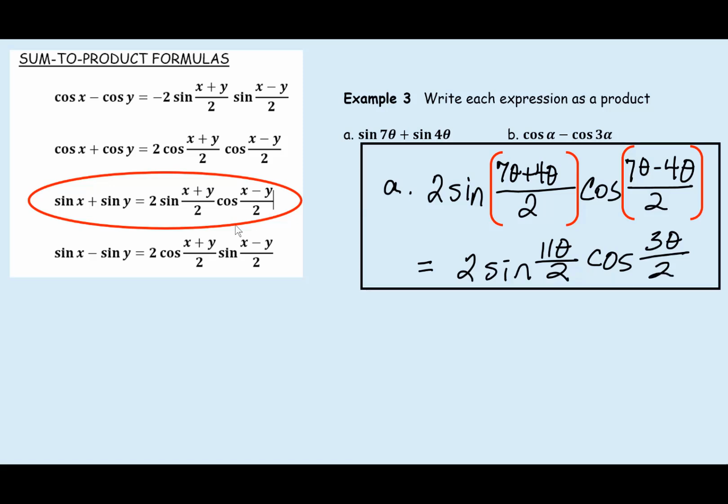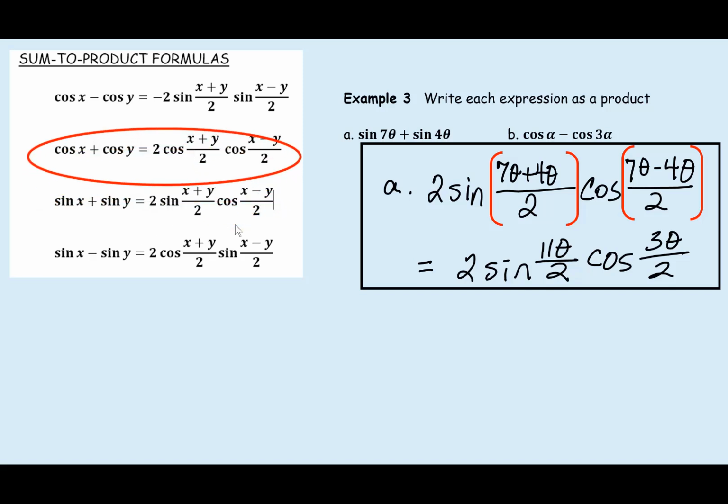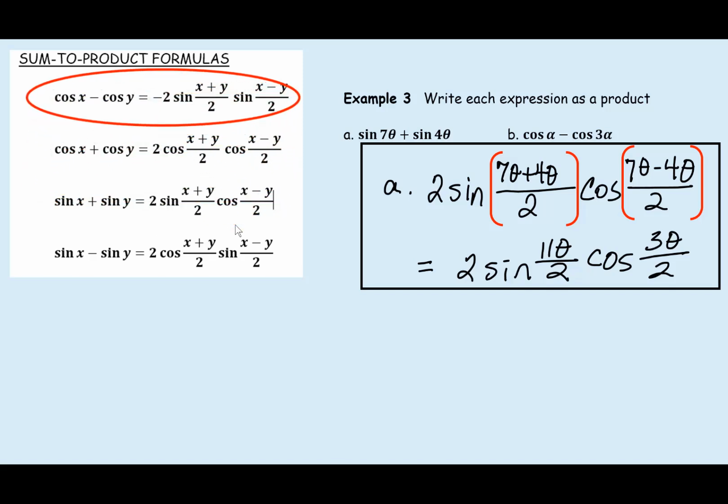And then for cosine alpha minus cosine 3 alpha, we're going to use that first product formula, and we'll have negative 2 sine of (alpha plus 3 alpha) over 2 times sine of (alpha minus 3 alpha) over 2.